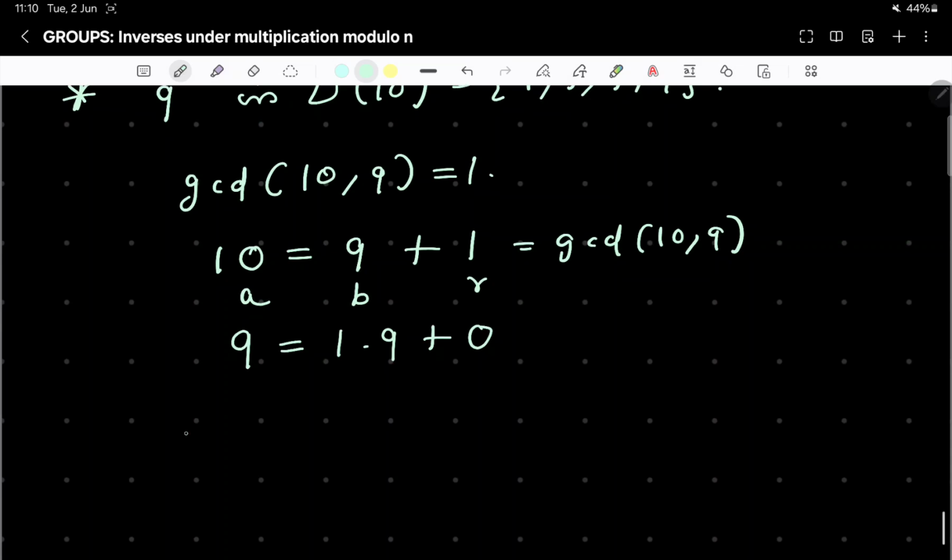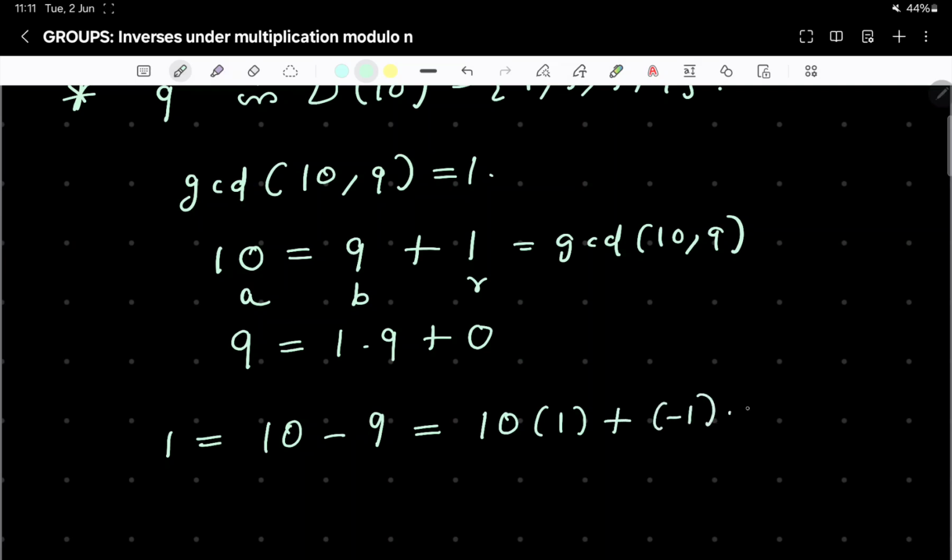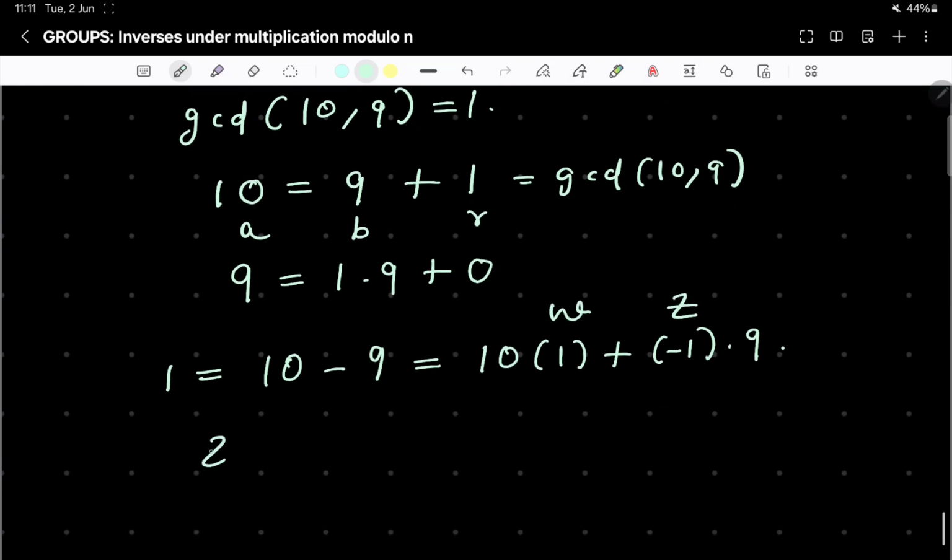So what we can do is, 1 can be written as 10 minus 9, or in Bezout's identity form, 10 into 1 plus minus 1 into 9. So what does Bezout's identity tell you? The same thing: 10 into W plus 9 into Z. This Z is going to be the inverse, right? That's what we have seen in the proof.